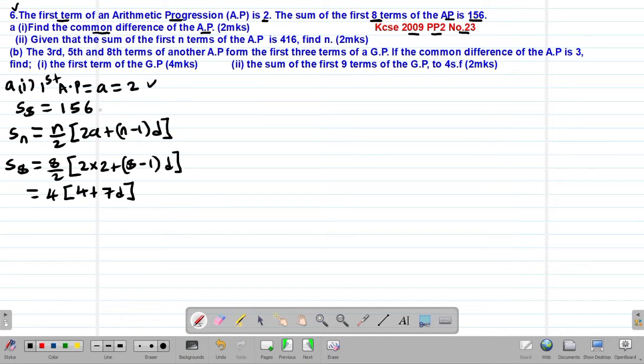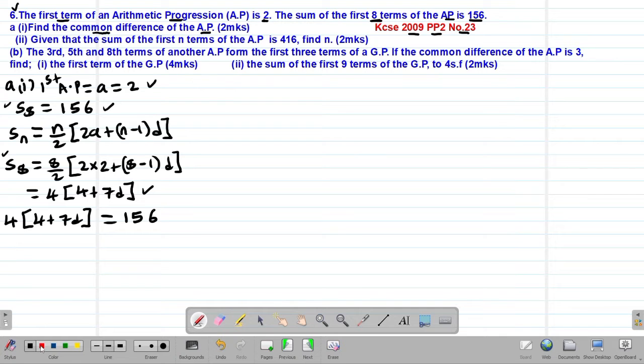But because S8 is equivalent to 156, and also S8 is equal to 4 into 4 plus 7d, it simply follows that 4 into bracket 4 plus 7d must be equivalent to 156, because they are both equivalent to the sum of the first 8 terms of this arithmetic progression.